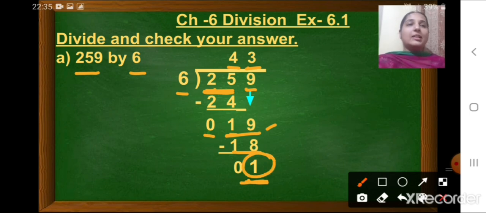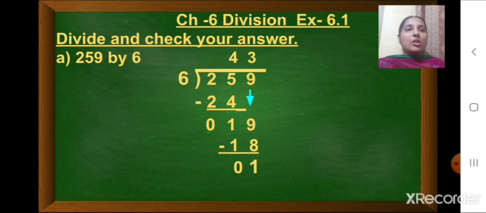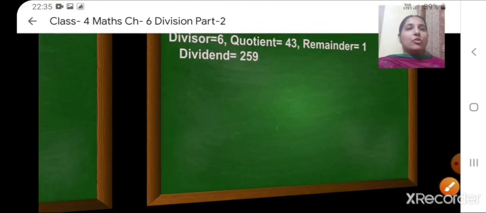You remember that the number which remains after dividing is called the remainder. And this 43 here, what will it be called, children? You remember that? It is the quotient, isn't it? It is the quotient. And this one is the remainder here. So now because we have to check our answer, you remember, to check, what do we do?